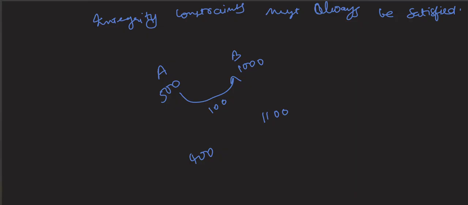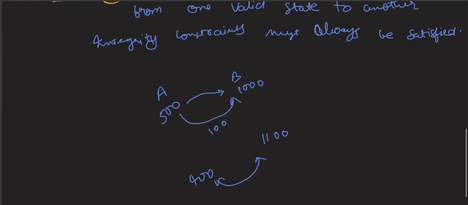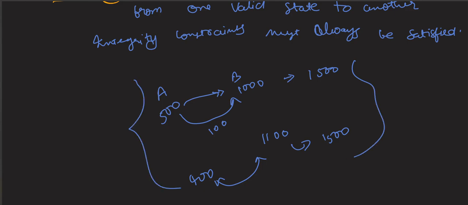If you do the sum here, and if you do the sum here, then both should be the same. This is your consistency. It comes to 1500 in both cases, so the sum of the money is always constant. This is called consistency.